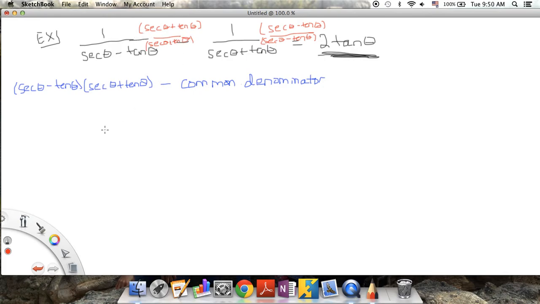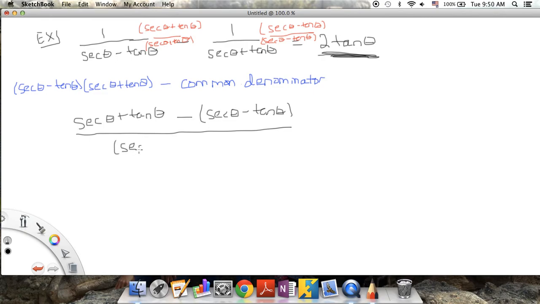So once we multiply those through, we end up with secant theta plus tangent theta minus, and then here we've got secant theta minus tangent theta, all over our common denominator, secant theta minus tangent theta times secant theta plus tangent theta.